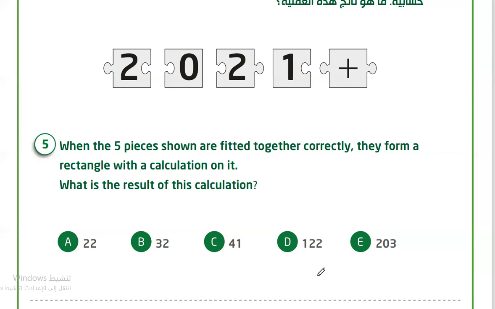So first, I think we can write here. Maybe we can fit this one with this one. Here I think it's going to be 2, and then a plus here, and on the other side it's going to be also 2, I think. Yes, and then what? We already used the 2 and plus. So what's going to happen?